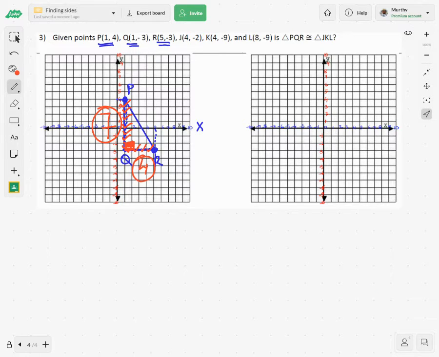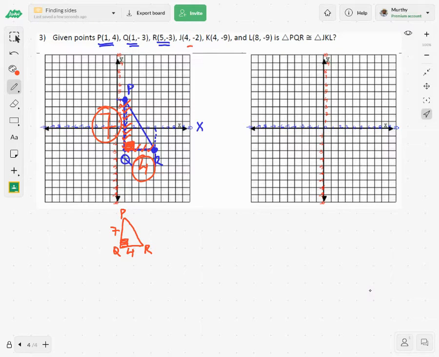So this triangle has 7 units and 4 units. I'm not going to find the third side, though you can find it using Pythagoras theorem. But I know two sides, PQ and QR, and the angle in between is 90 degrees.